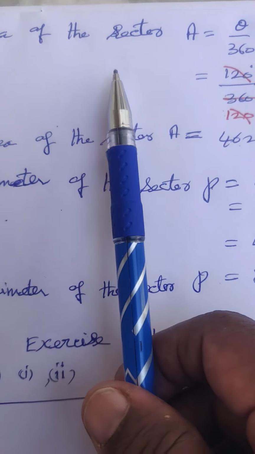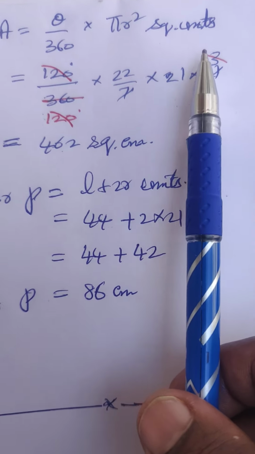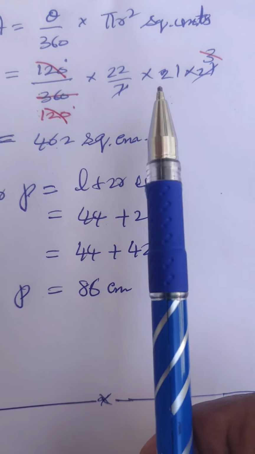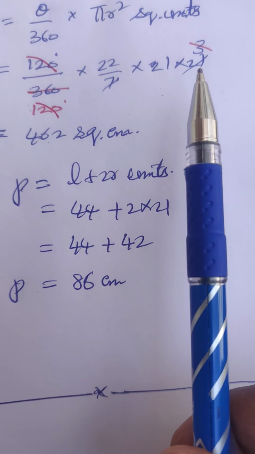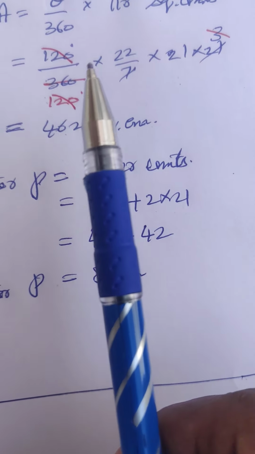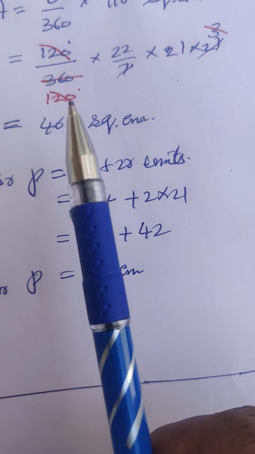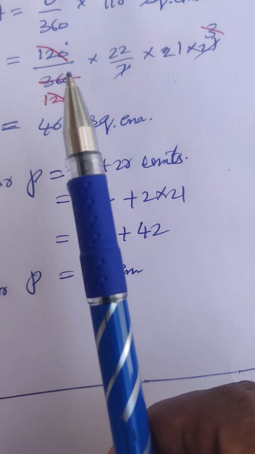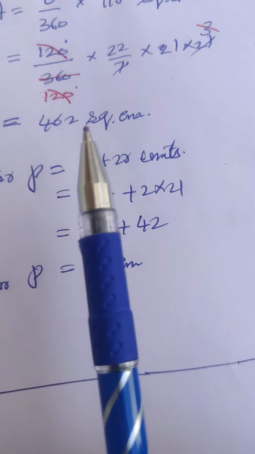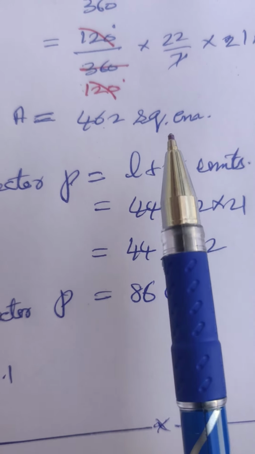Second one is area of the sector A equal to theta by 360 into pi r square units. Central angle theta is 120 degree by 360 degree into 22 by 7 into R square is 21 into 21. 7 ones are 7, 3 sevens are 21, 3 ones are 3, 120 3s are 360, here 120 degree by 120 degree get cancelled, remaining 22 into 21, if we multiply these two, 462 square centimeter.